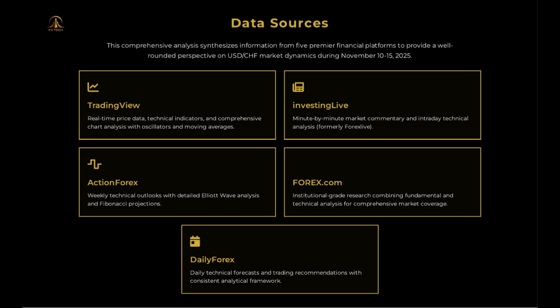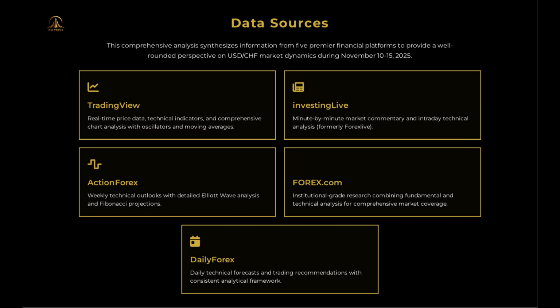TradingView provides real-time price data and technical indicators. Investing Live, formerly Forex Live, offers minute-by-minute market commentary. Action Forex delivers weekly technical outlooks with Elliott wave analysis. Forex.com contributes institutional-grade research combining fundamental and technical perspectives.